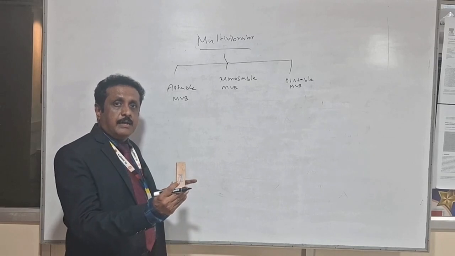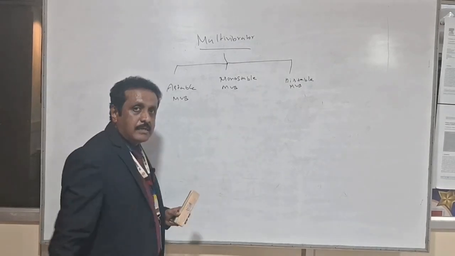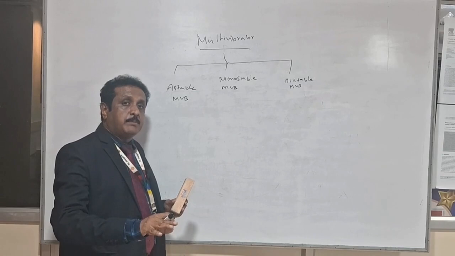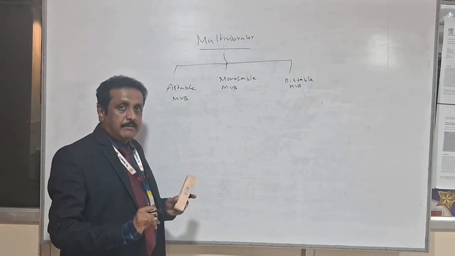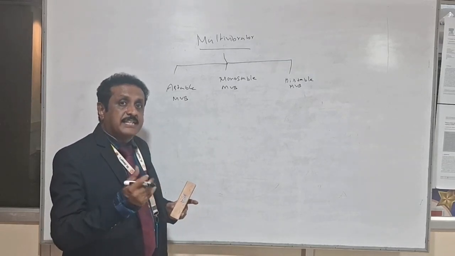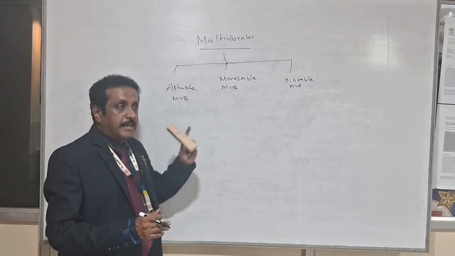The major differentiation among these three is how many stable states and quasi-stable, or unstable, states each has. Based on that, they differ. The second point is how many external trigger pulses are required for operation. Based on that, they also differ.